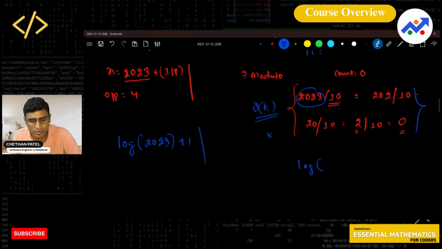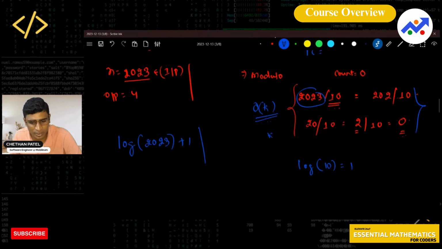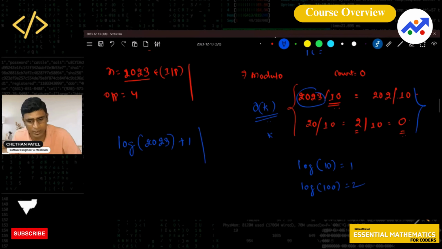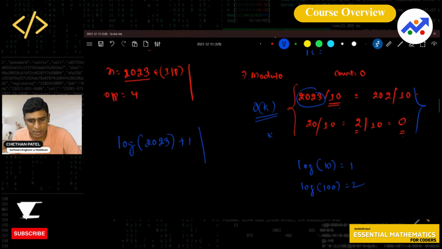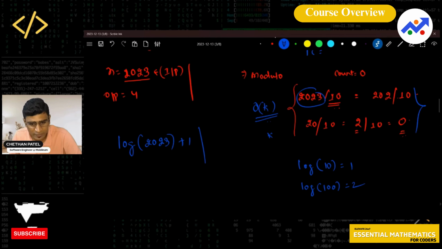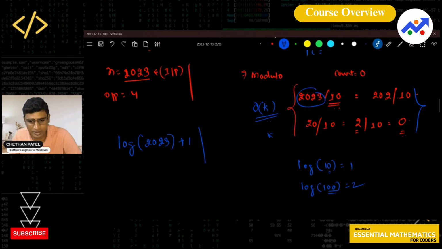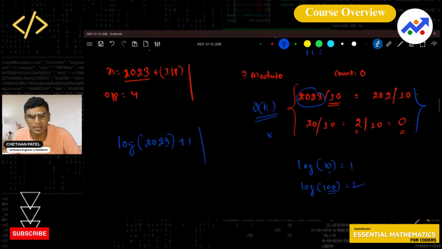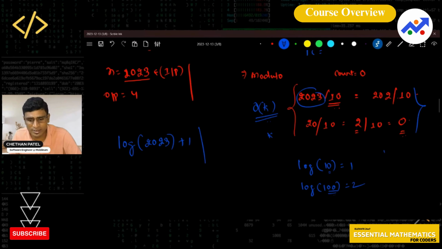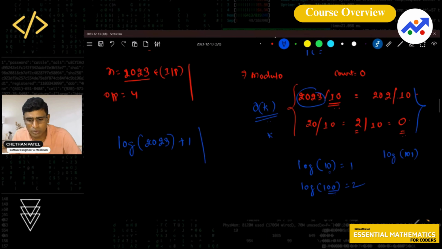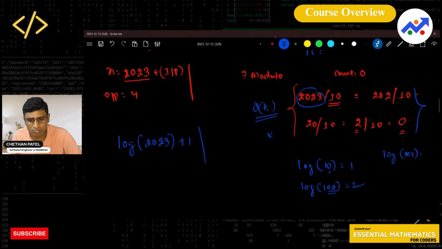Suppose you might have observed log 10 is 1, correct? Log 100 is 2, correct? Basically it is giving the number of zeros present. See, suppose I have log 101, this is somewhat close to 2 point something.